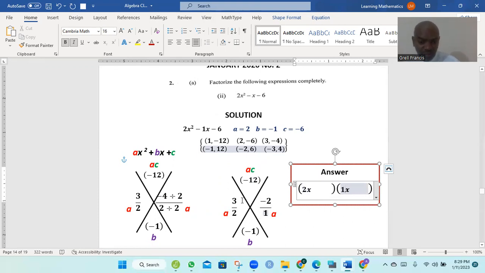The numerators will become the constants, the numbers by themselves. So 3, which is a positive 3, will form the constant here. It will become positive 3, will come here. And the negative 2 is going to come in this one. That's where the 1 is.